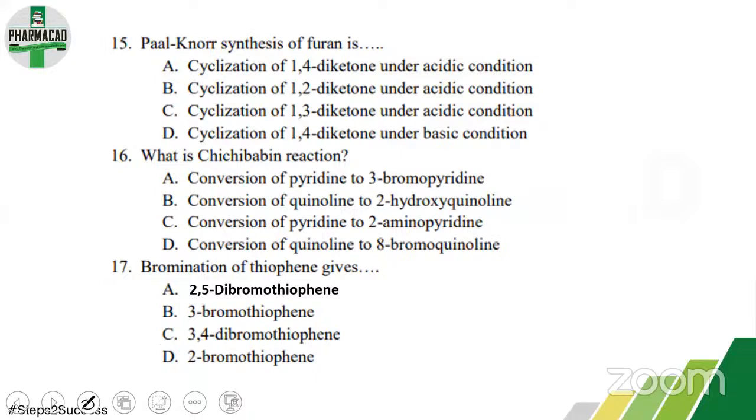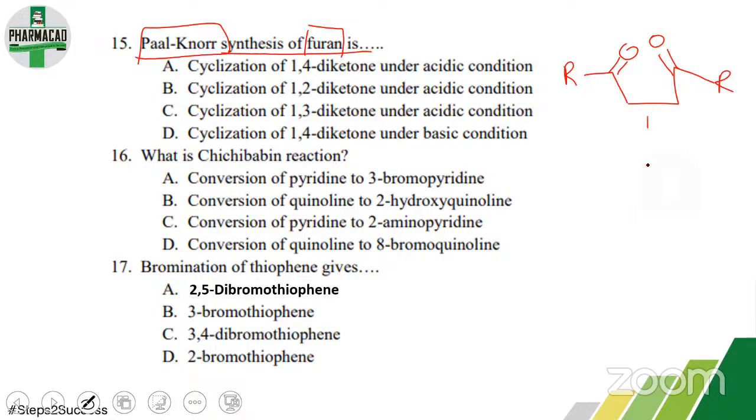Next question, Paal-Knorr synthesis of furan is. So you have to remember, whenever we are having Paal-Knorr synthesis, in that case, we always use 1,4 diketone. If suppose I'm taking this generally 1,4 diketone, and if I want this furan, so I have to react this 1,4 diketone under the acidic condition.